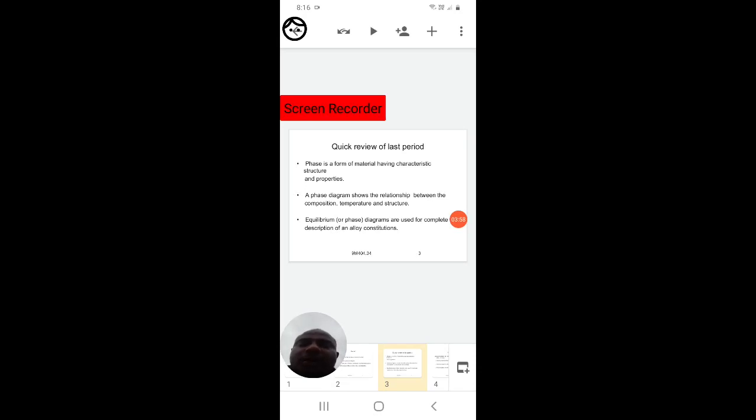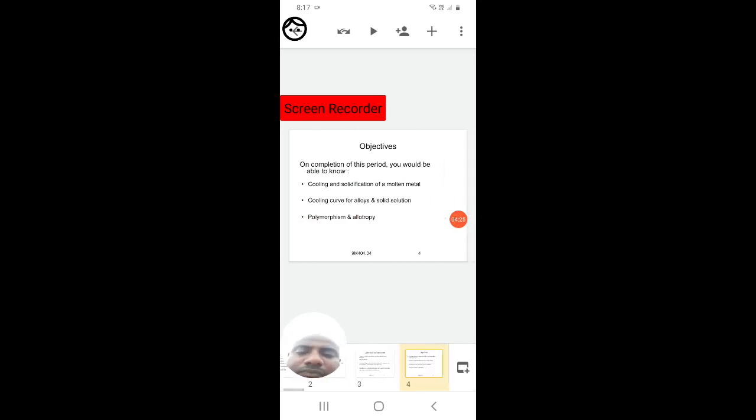At which composition, which temperature, and which structure is obtained: you will correlate all these three important factors. That is, the equilibrium diagram shows the relationship between composition, temperature and structure. This is very important for this class review.